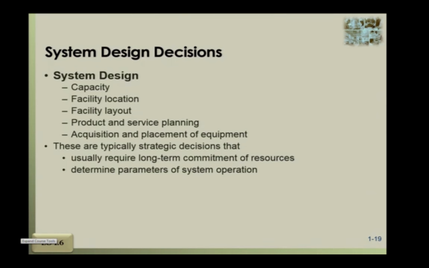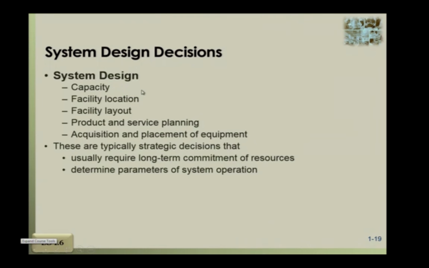Also, where to locate, facility location, and there are many components that go into figuring out where to locate, and we'll get into that in chapter 8. Facility layout is more about how we're going to go ahead and do this manufacturing operation, and there are different layouts possible for doing that, and planning your production and service, and acquisition and replacement of equipment.